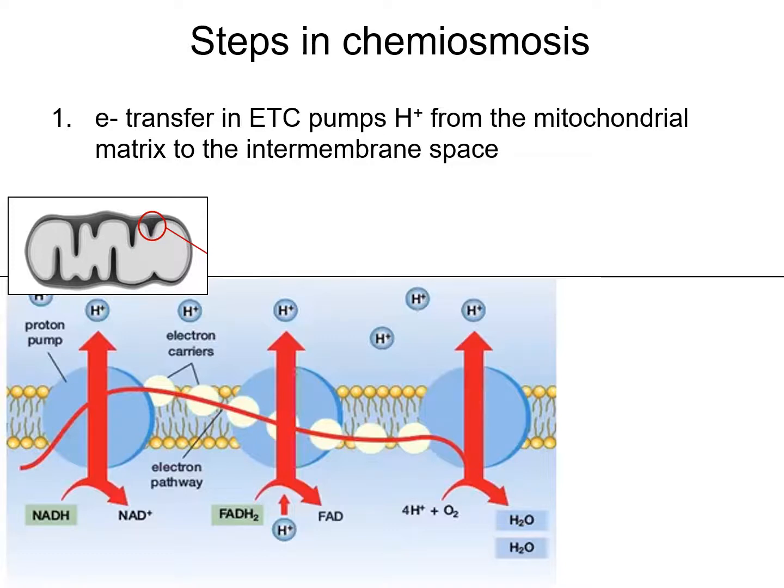So it helps to look at this diagram. Again, we're looking at this particular spot right here in the mitochondria. That's called the inner membrane. So here we have the matrix of the mitochondria, and then here we have the inner membrane space.